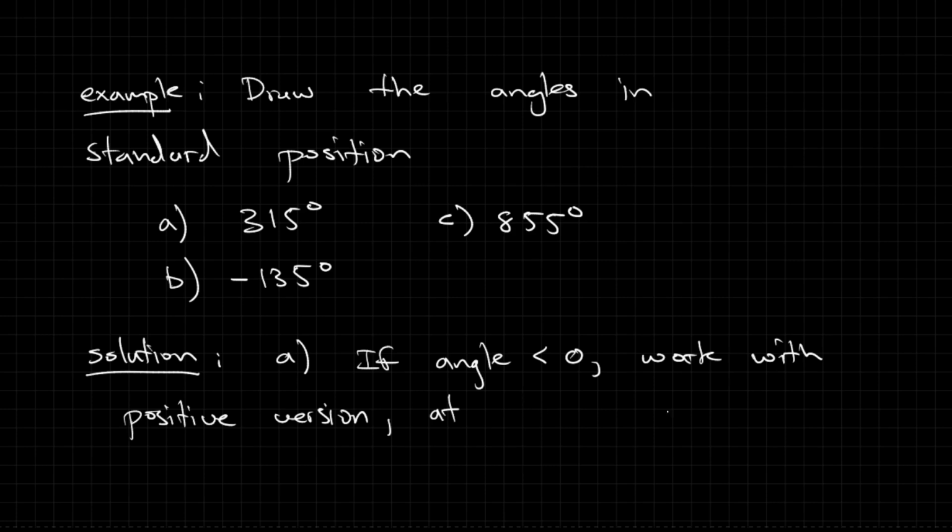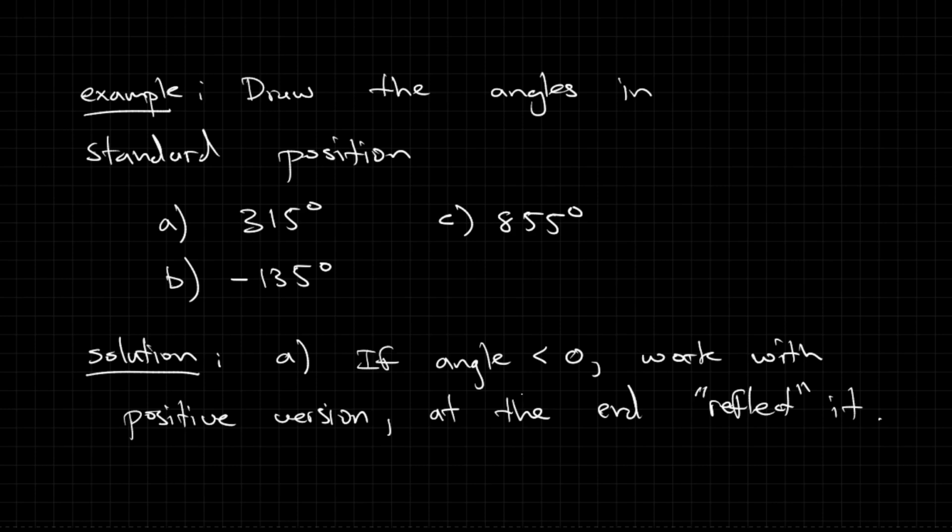So if the angle is less than 0, we'll work with the positive version, and at the end, "reflect" it. And I put reflect in quotations because we'll see exactly what I mean by reflect in part B, and maybe an additional example afterwards. But in part A, our angle is not less than 0, so we don't have to worry about that.